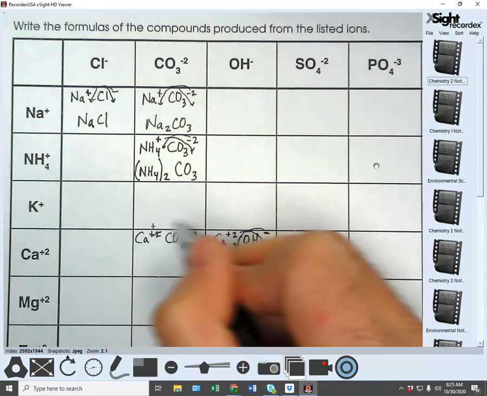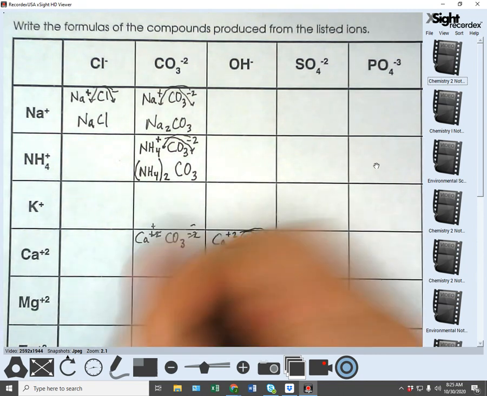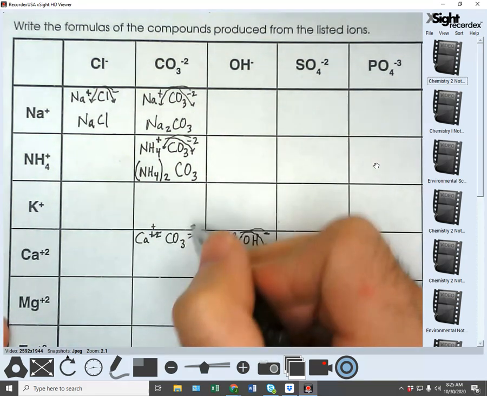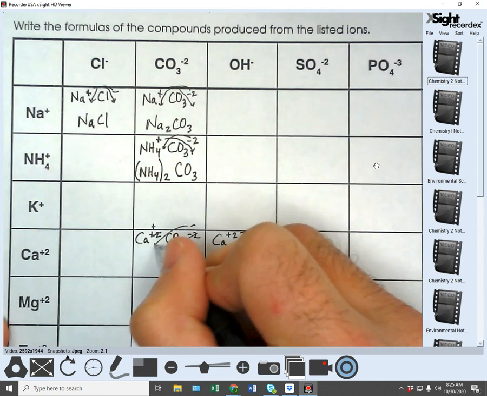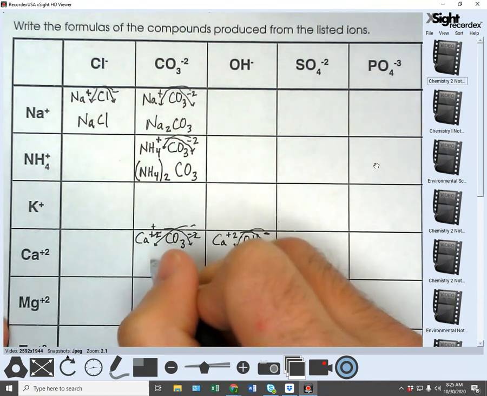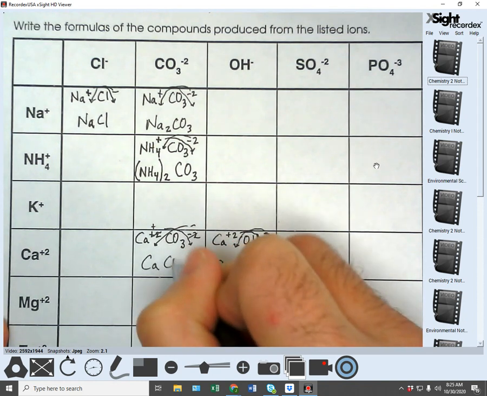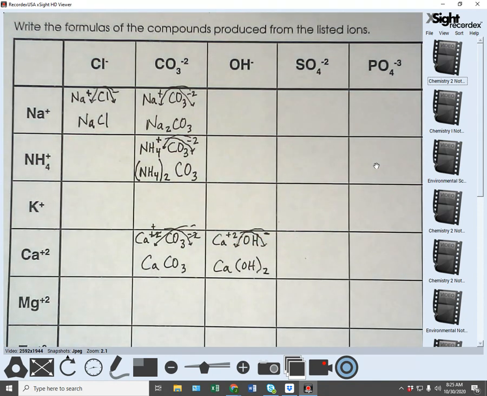So that becomes a +1 and a -1. And then when you cross down, we end up with CaCO3. No parentheses needed because they're just bringing down ones.